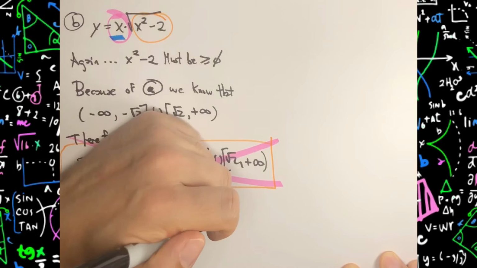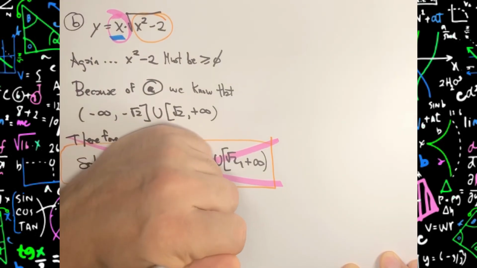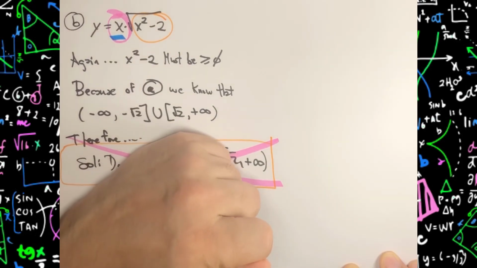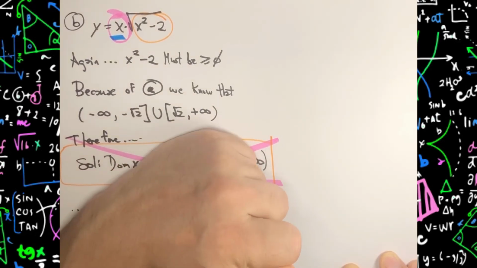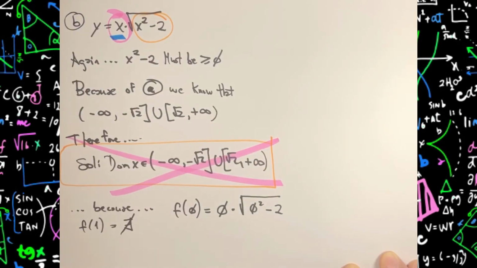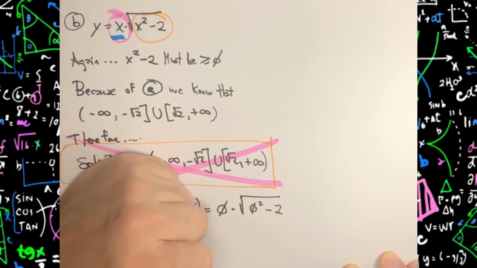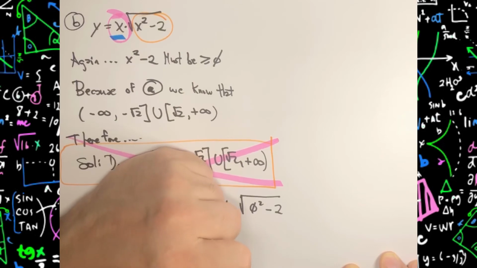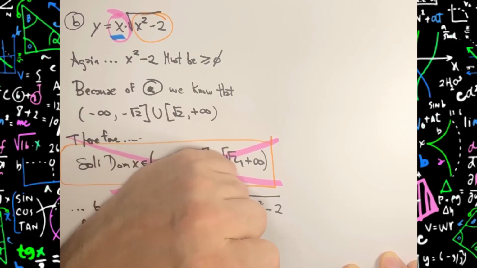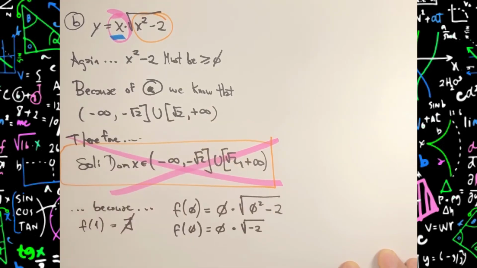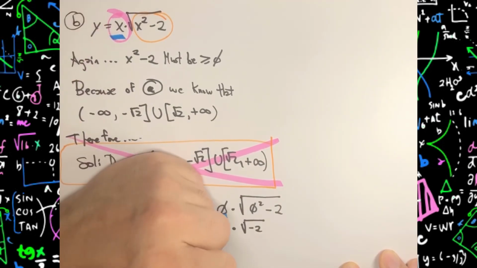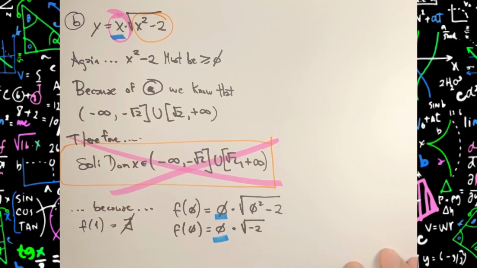So let's do that. f of 0 equals, replace the 0 wherever you see the x, f of 0 equals 0 that multiplies the square root of 0 squared minus 2. Like this, which is, of course, f of 0 equals 0 multiplying the square root of negative 2, which is 0 multiplying something. It doesn't matter if it is a negative square root.